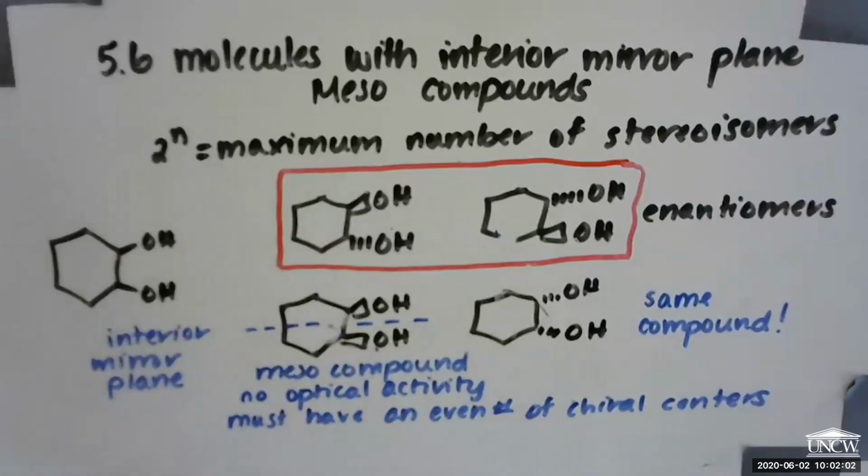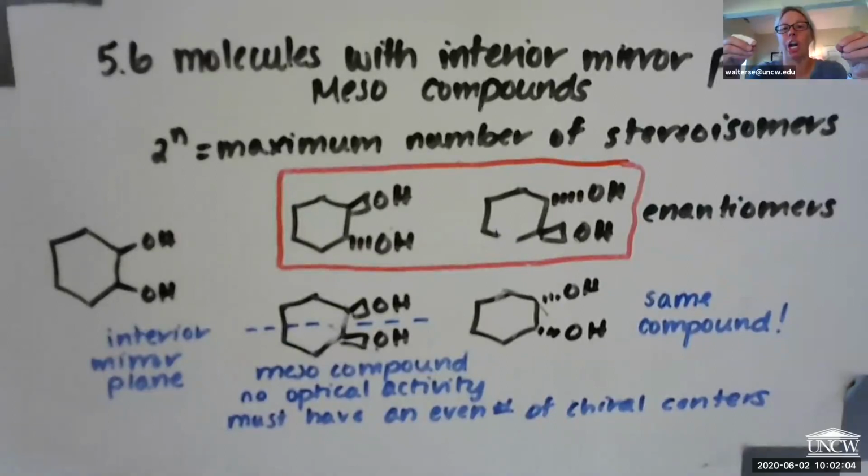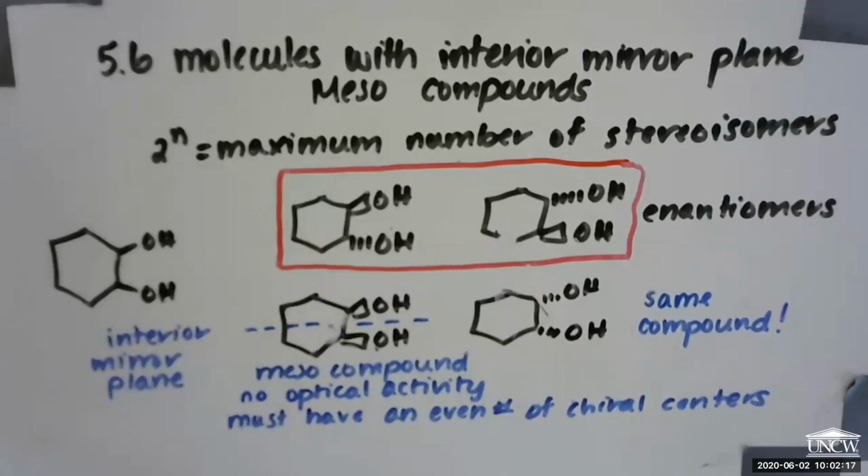Because we're always talking about things in a pair: if you have a pair of molecules and they're non-superimposable, but they're mirror images, then they're enantiomers. If they're non-superimposable and they're not mirror images, they're diastereomers. If they're superimposable, they're the same compound.